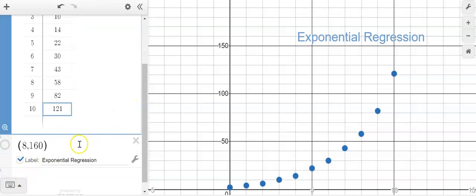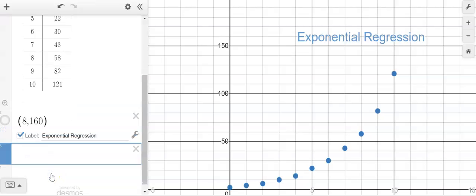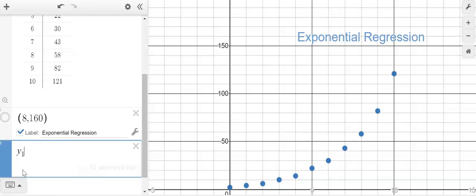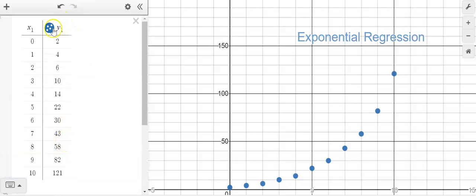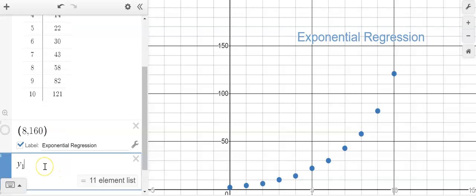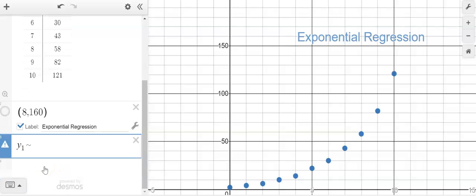So what I want to do is have Desmos calculate a regression for me. Since I know my a value, the initial value, is 2, I'm going to use that here. I'm going to type in y1, which is what my data values are, and put a tilde. Usually the exponential formula is a b to the power of x.